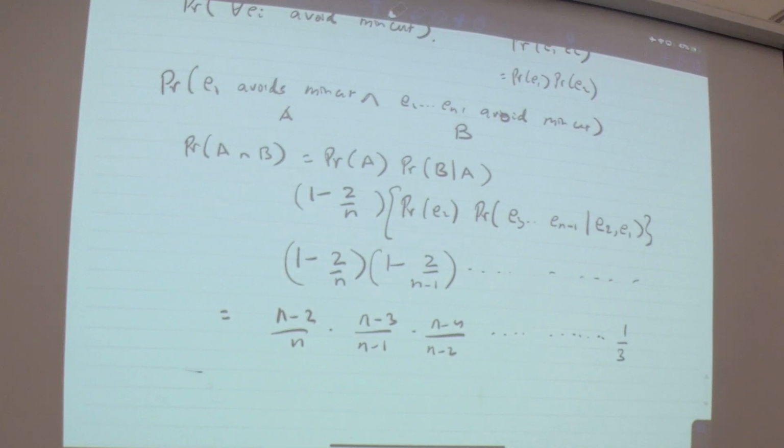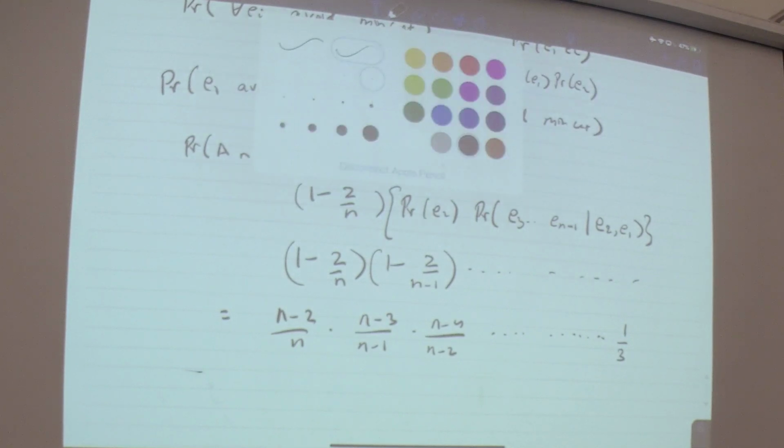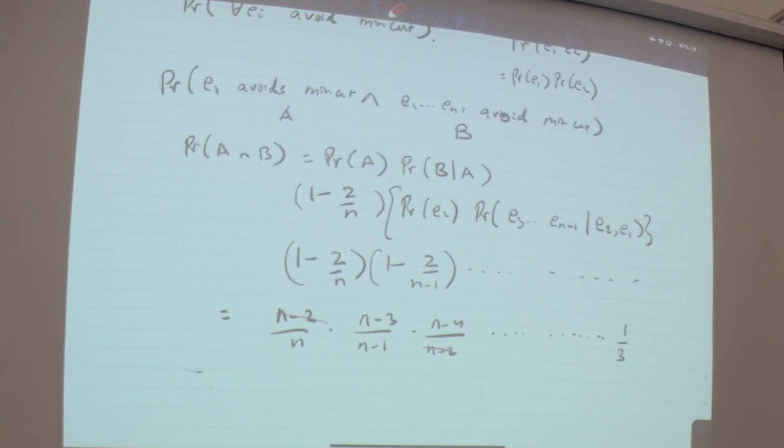You can also notice what's going to happen here. This will cancel this. This will cancel this, and so on, so on, so on. What you will end up with is something like 2 times 1, because that's what's left. Everything else will cancel. Divided by n times n minus 1. Okay? Which is, we will say, basically, we squint at this.